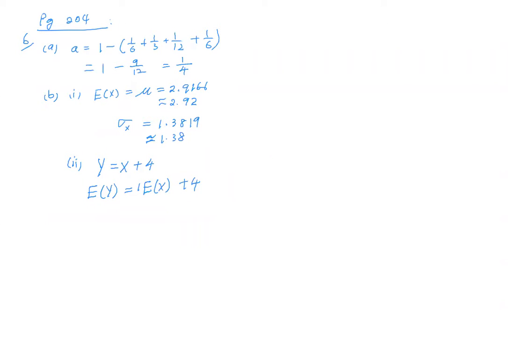So it's equal to, that is the way I write, 1.38 plus 4. So that is 5.38. Mode and median also follow the mean formula.